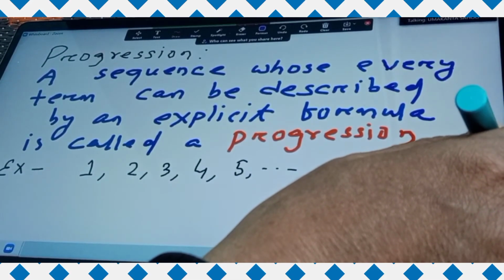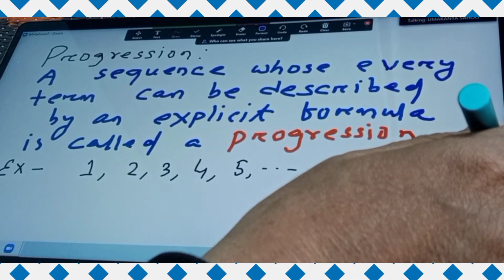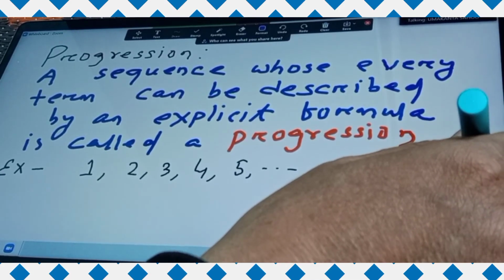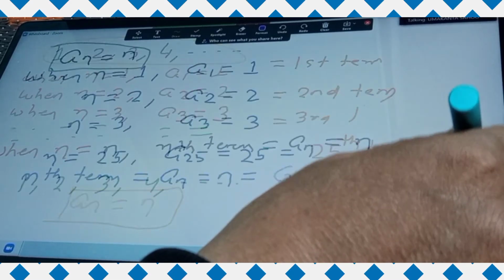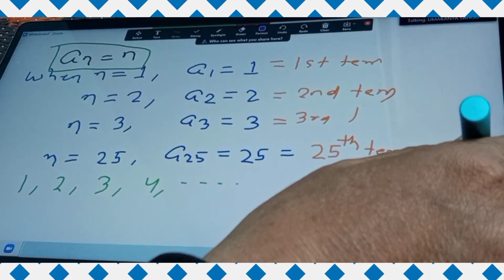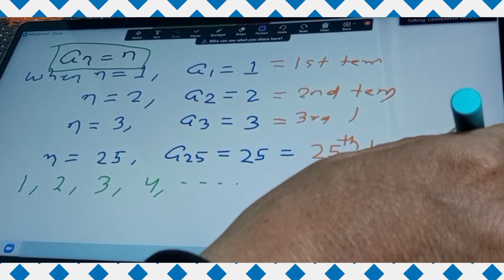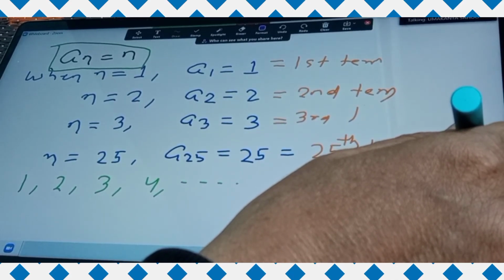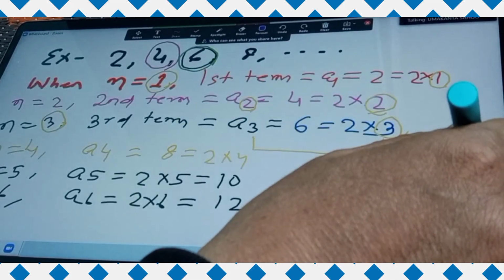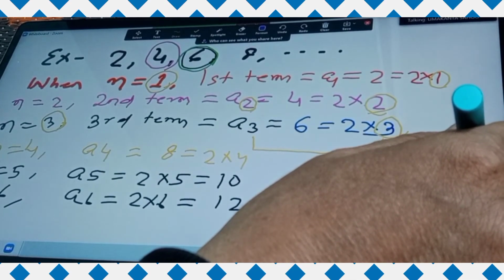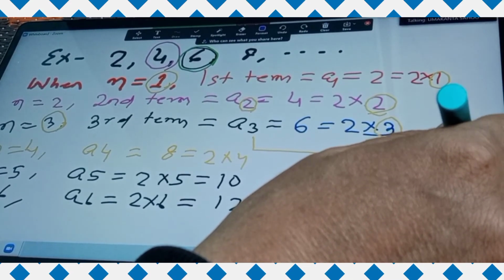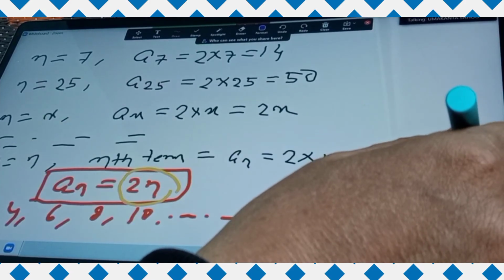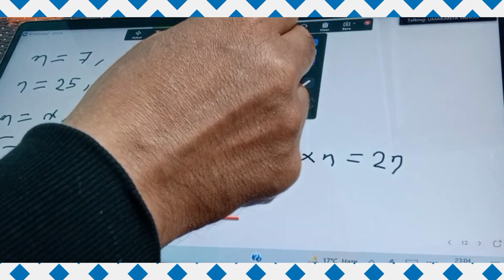And here is the definition of progression, in front of you. A sequence whose every term can be described by an explicit formula is called a progression. Here the set of natural numbers, and the nth term, the general formula of the sequence, is a_n = n. Here the sequence of even natural numbers is a progression because its general formula is 2n. Every term can be explained by the general formula.